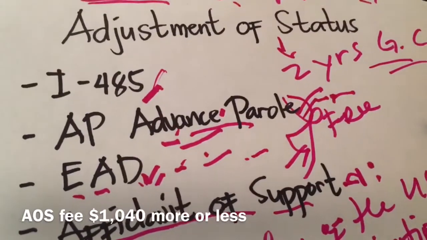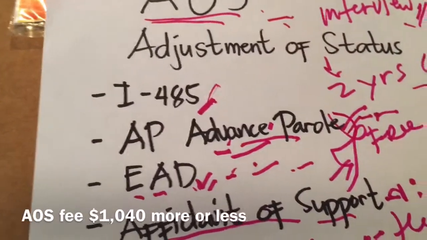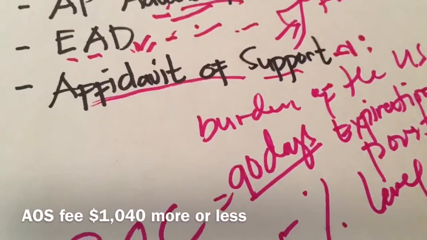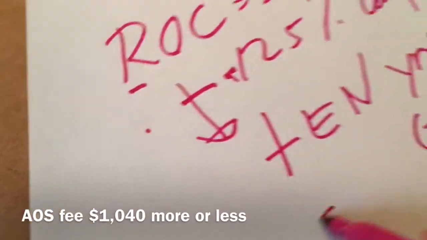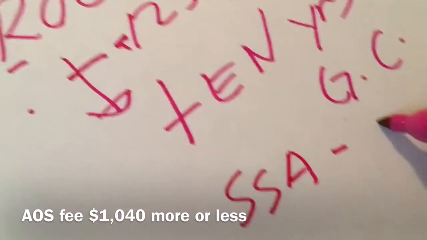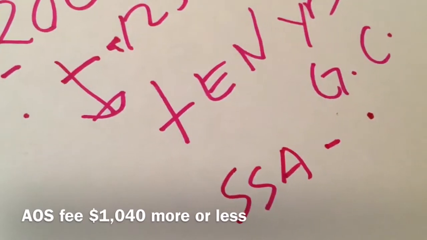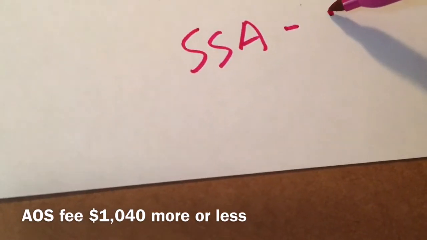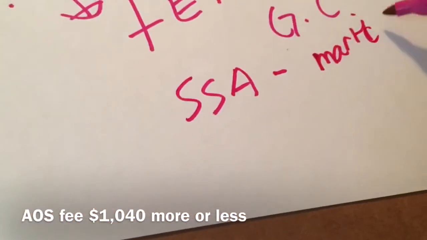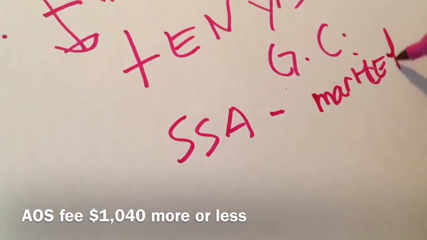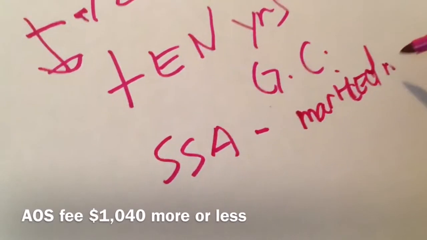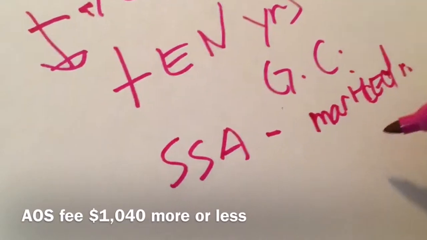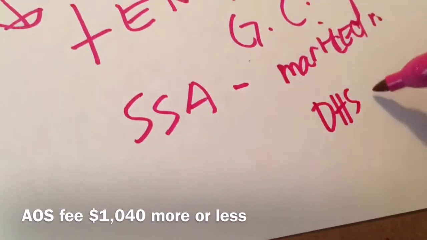Oh, I have to add that after you get married, you have to go back to SSA to adjust your card, so that your name will be your married name. In your SSA card, it will be written there for DHS authorization.